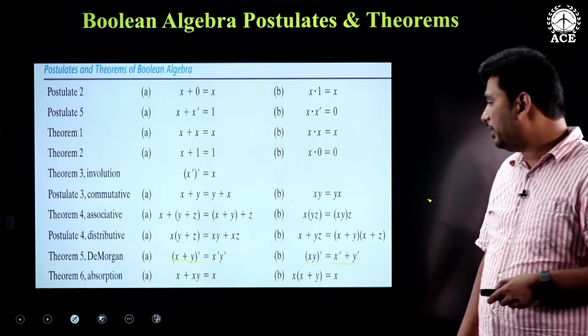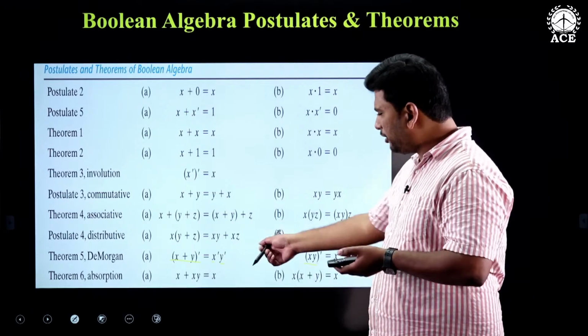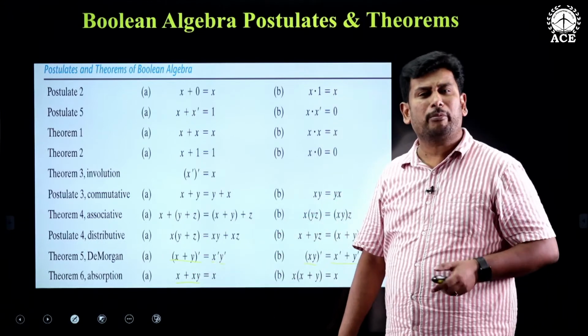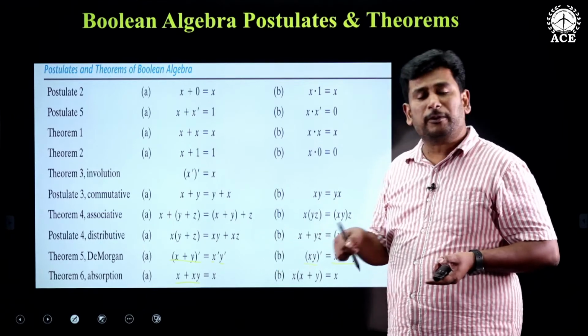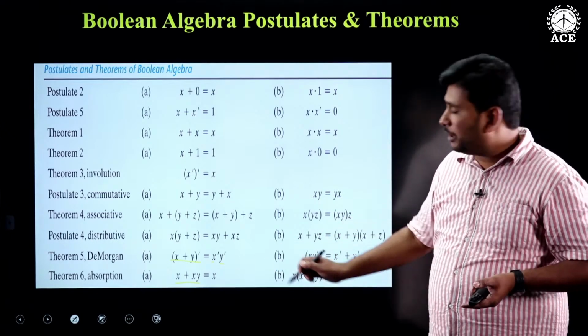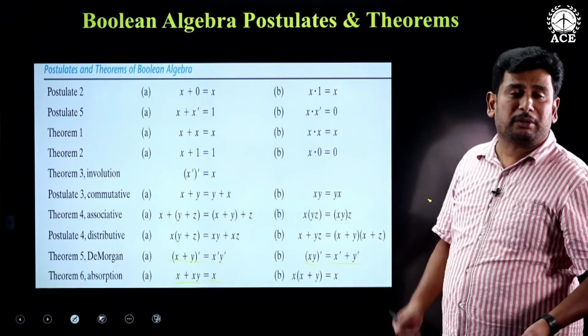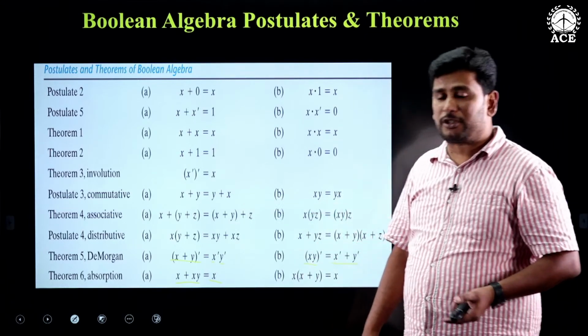And your last theorem is absorption. What is this absorption, sir? Look at your expression: X OR with XY. We initially have two input variables X and Y, but in the output you have only one variable, whereas the other variable Y is absorbed. For that reason you call it the absorption theorem.